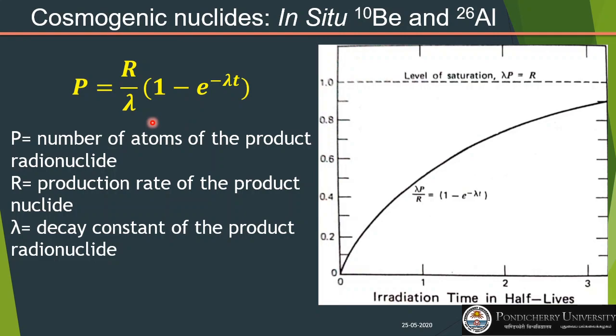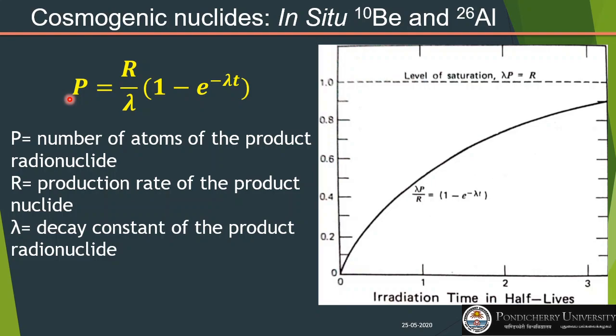So now once we have this equation, then we can use it for dating, by measuring the atoms of cosmogenic nuclide present in the material. If you can measure it, and as I just mentioned, this can be measured very precisely nowadays because we have very highly sensitive mass spectrometers, which are called accelerator mass spectrometers.